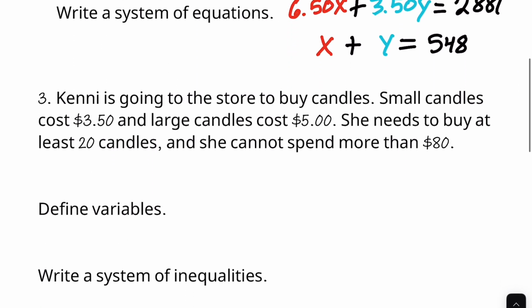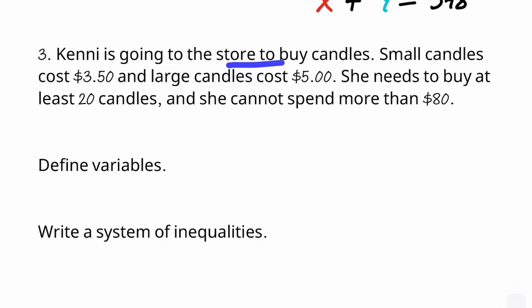Let's try another. Kenny is going to a store to buy candles. Small candles cost $3.50. Large candles cost $5. She needs to buy at least 20 candles. Okay, we're using a different verbiage here. And she cannot spend more than, so no more than, $80.